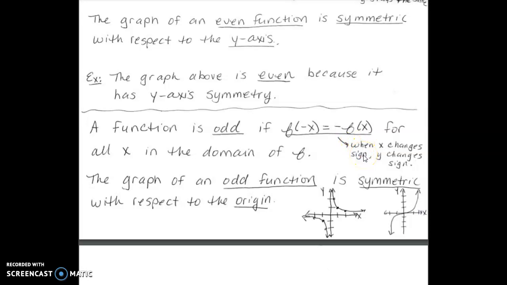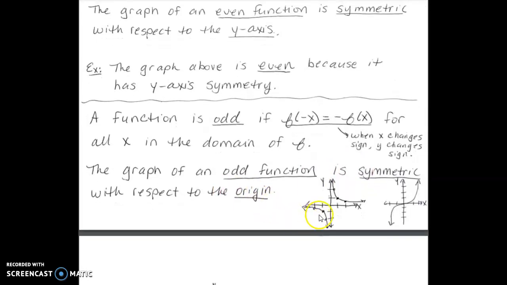So it's going to be like it folds twice. You're going to fold it along the x-axis, or I'm sorry, the y-axis when x changes sign, and then you'd also fold that result along the x-axis to decide whether or not it's odd. We call that origin symmetry. The graph of an odd function is symmetric with respect to the origin.